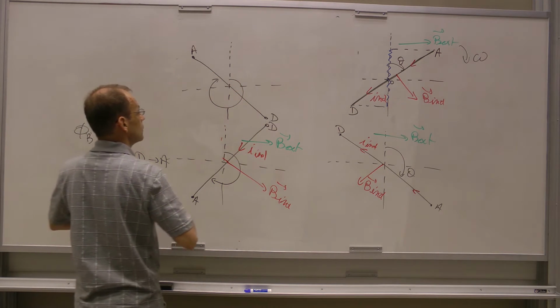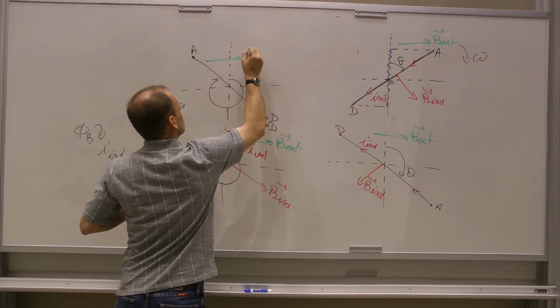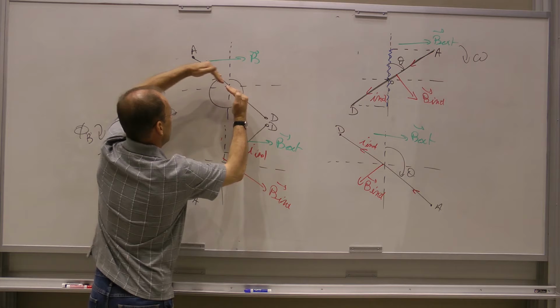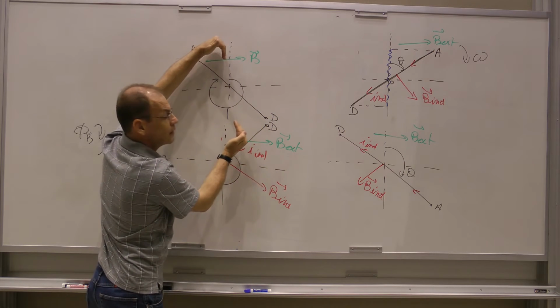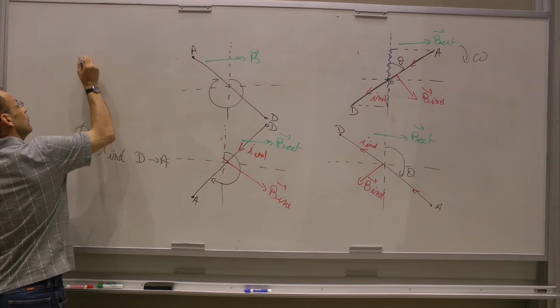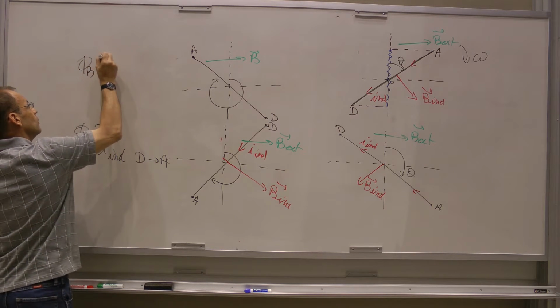B external is pointing this way. The area that the loop presents to the external field increases, so now your magnetic flux, phi B, is increasing.